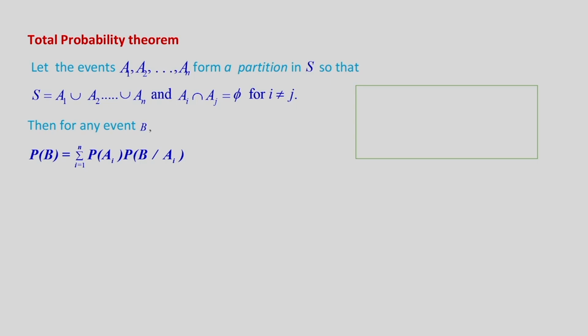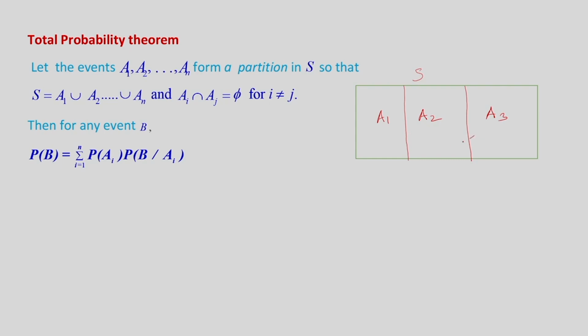Let us illustrate this. Suppose this is my S and I have these events A1, A2 and A3. A1, A2, A3 form a partition in S, because A1 and A2 are disjoint, A1 and A3 are disjoint, and all events are disjoint.